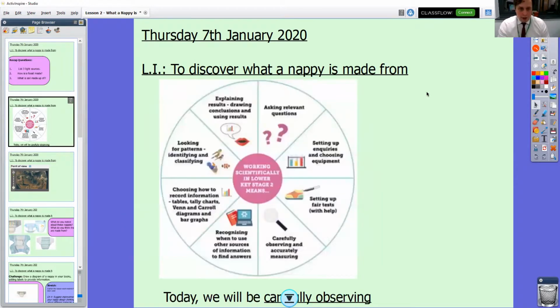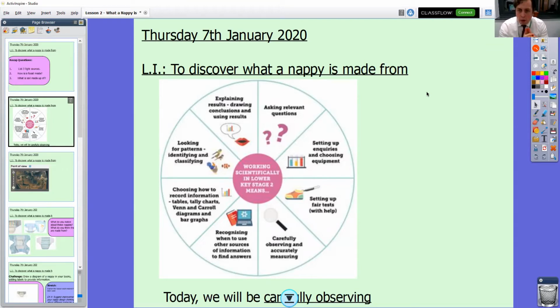Here we go. Okay, so we know we use lots and lots of different kinds of skills and knowledge when we're doing our science lessons. And in today's session, I really want you to focus on one key skill, and that is your key skill of observation.